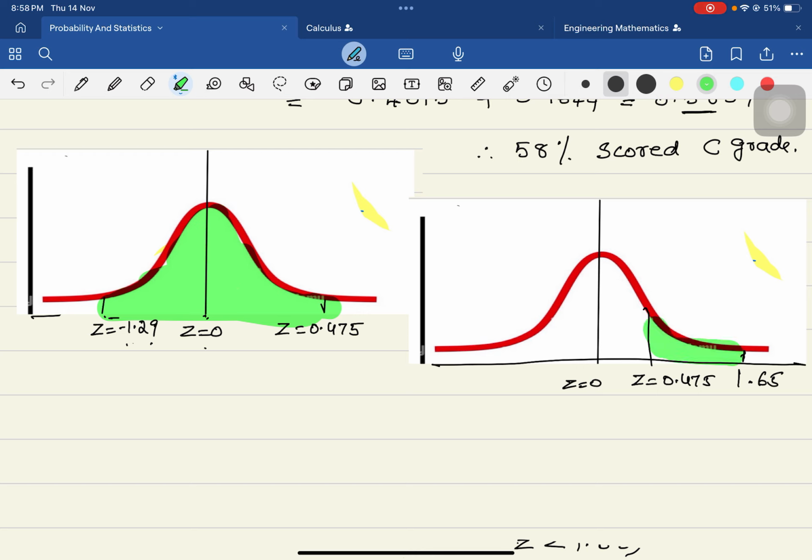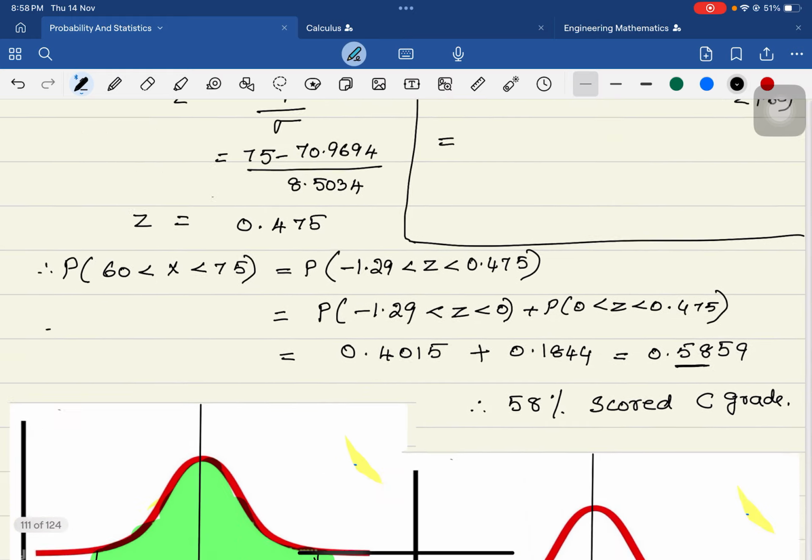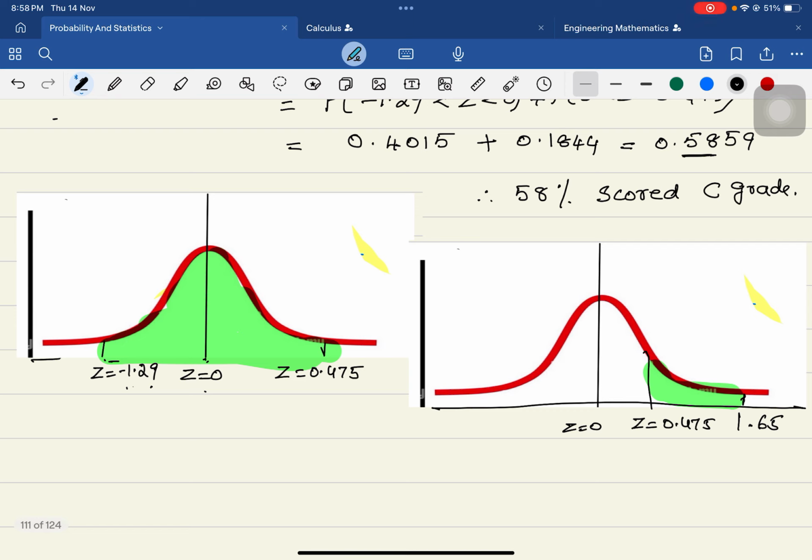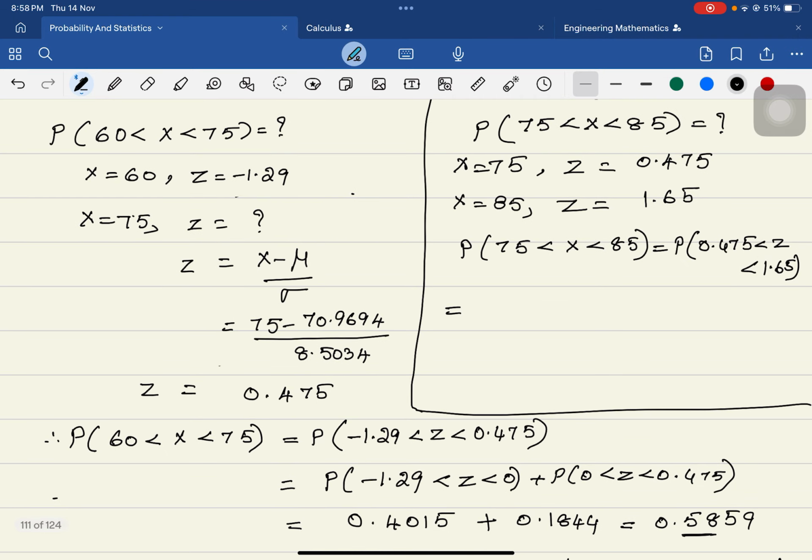So, how to find out this? Always we have to see from 0, right? So, this area from 0 to 1.65 minus the area between 0 to 0.475, we will get the area, correct? That is what we will do now: the area between 0 to 1.65 minus the area between 0 to 0.475.